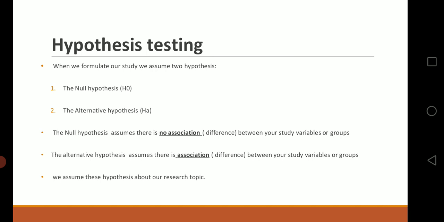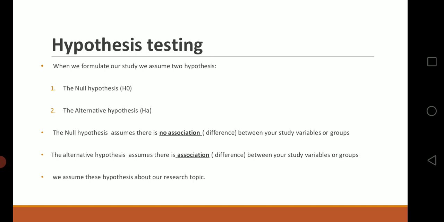The null hypothesis, from its name, assumes that there is no association or no difference between the study variables or between the groups of the variables. What does null hypothesis mean? It means no association, no difference. Okay.